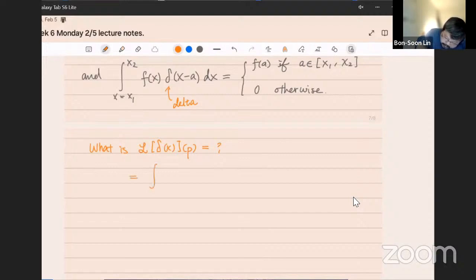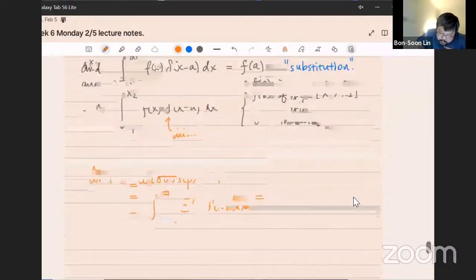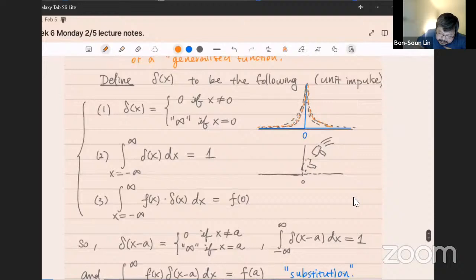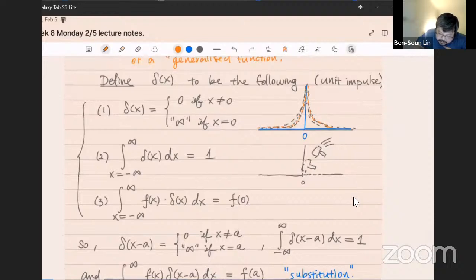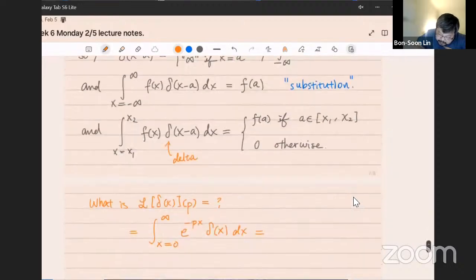This is equal to the integral of x going from 0 to infinity of e to the minus px delta of x dx. Now, because the spike of delta of x is at x equal to 0, which is inside our interval 0 to infinity, by our rule for the delta function, if the spike is there, then the integral is just evaluating the function at x equal to 0.